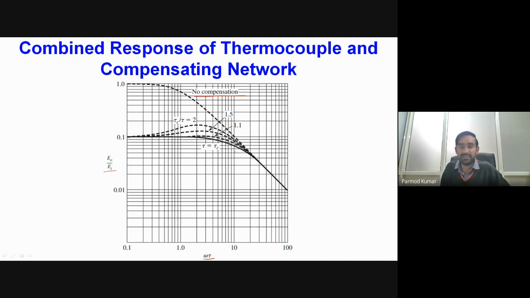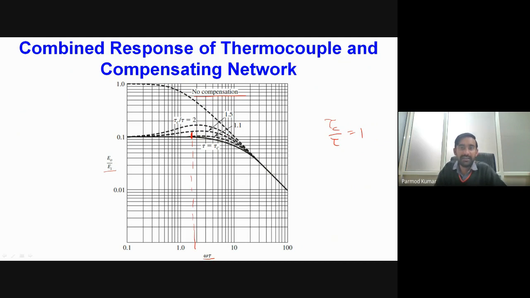If we use compensation with the ratio tau c by tau equal to 1, where tau c by tau is the characteristic time scale of the compensating circuit divided by the characteristic time scale of the physical thermocouple device, we get a very smooth response. Up to this frequency value, we have a constant value of the output voltage.